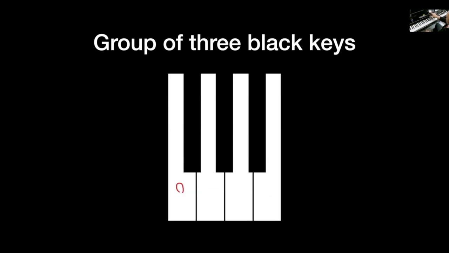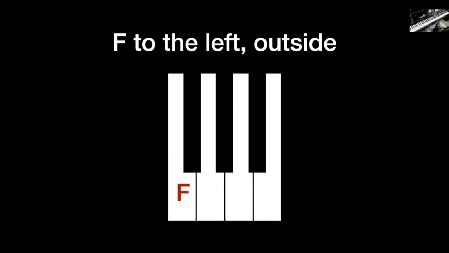So let's call this outside left and this outside right, whereas we'll call this inside left and this inside right. So the first note that we are going to discover is the note outside left, and that is F. F is to the left of the 3 black keys outside.